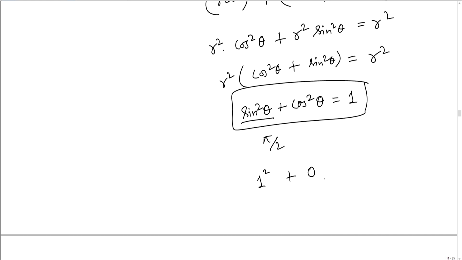So, 1 square plus 0 square would be basically 1. It satisfies. What is the value of the function at 0? At 0, sine theta is 0, but the value of cos theta becomes 1. So, it also becomes equal to 1. So, this statement holds.